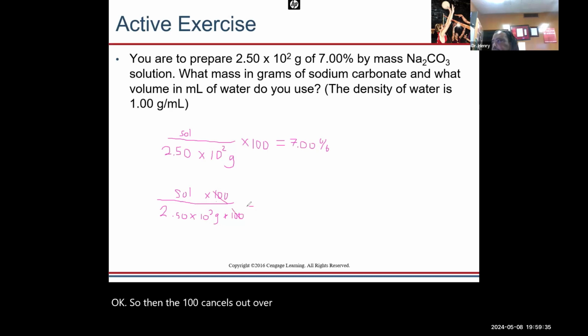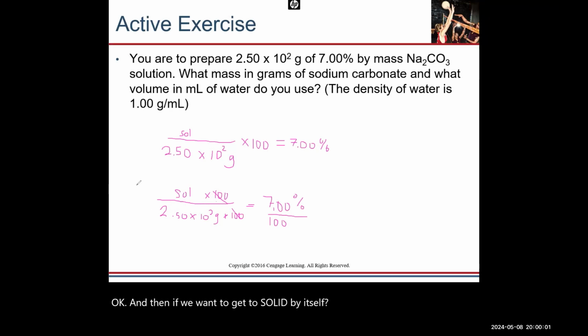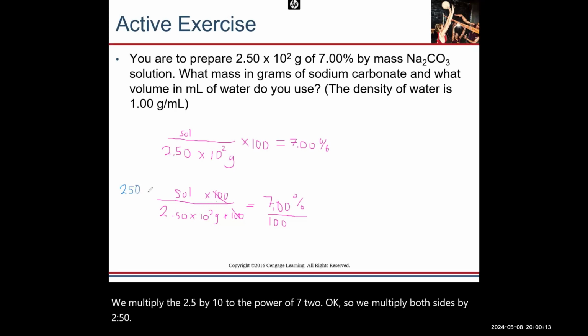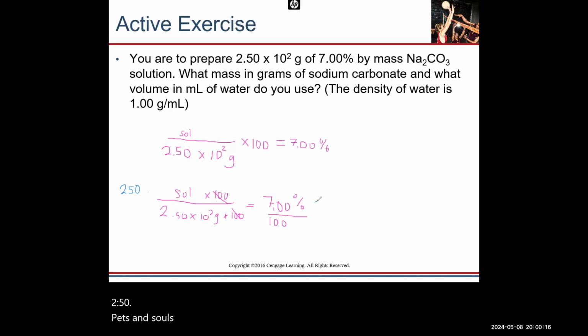Then to get sol by itself, we multiply both sides by 250, the 2.5 times 10 to the power of 2. And since sol is in grams, it should be 17.5 grams.